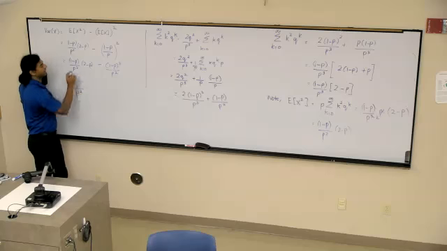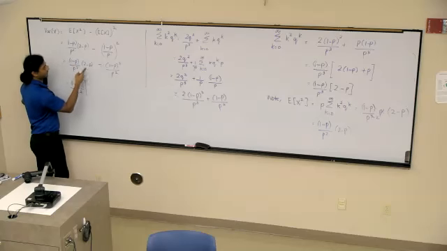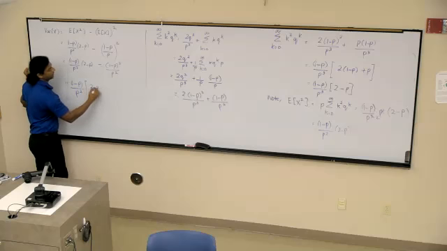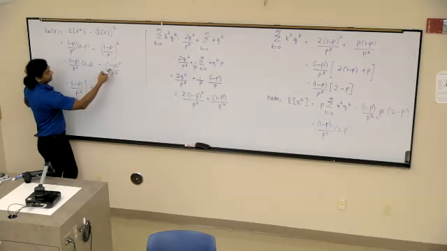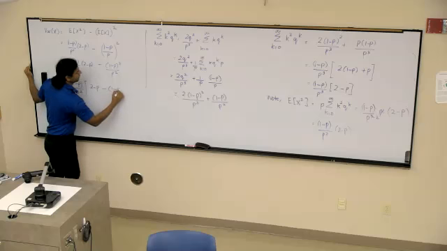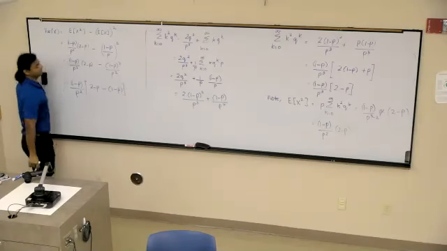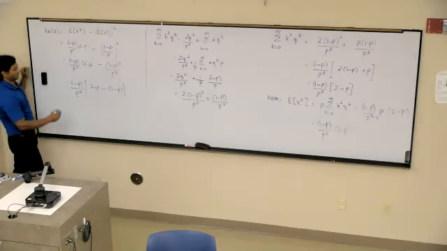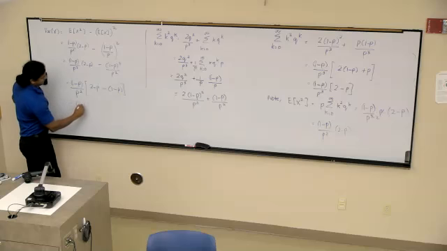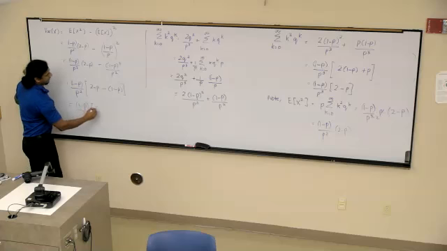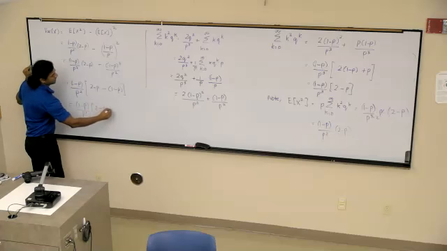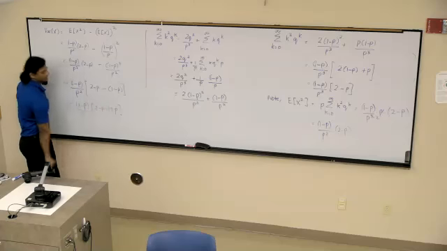P squared, and what else do we have in common? 1 minus p. 1 minus p comes out, you have 2 minus p, and you have minus 1 minus p. Good. 2 minus p minus 1 plus p.